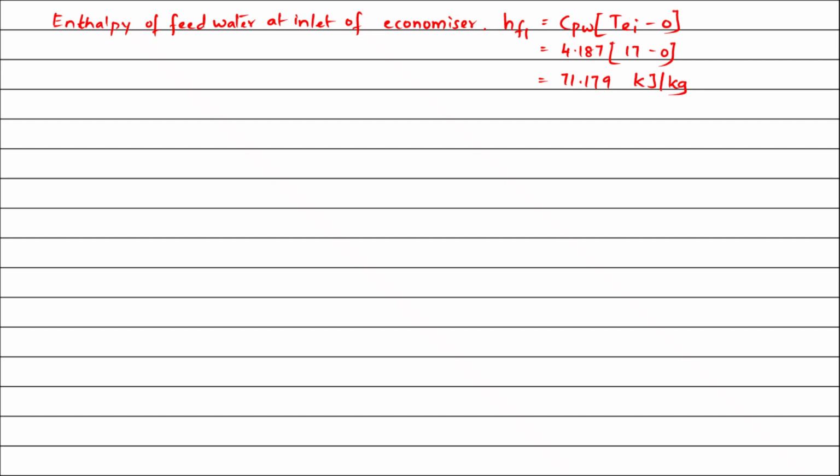Then the next part. This water had a temperature of 17 degrees entering my economizer, and it is leaving the economizer at 77 degrees Celsius.